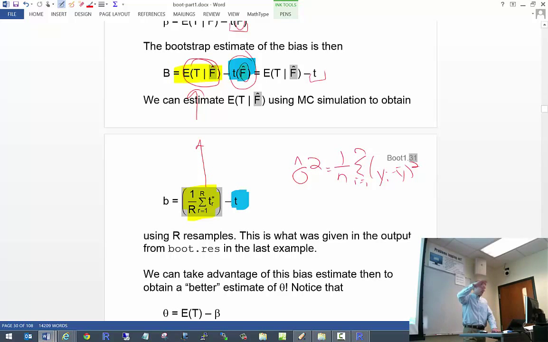If you somehow, and this actually corresponds to problem number 1 of the assignment, could list out every single possible resample, calculate T for it, and calculate the average across all those possible resamples, that's what the expected value of T given F hat would be. Okay, that's what I thought it was. I was just clarifying. Yep. Thank you.